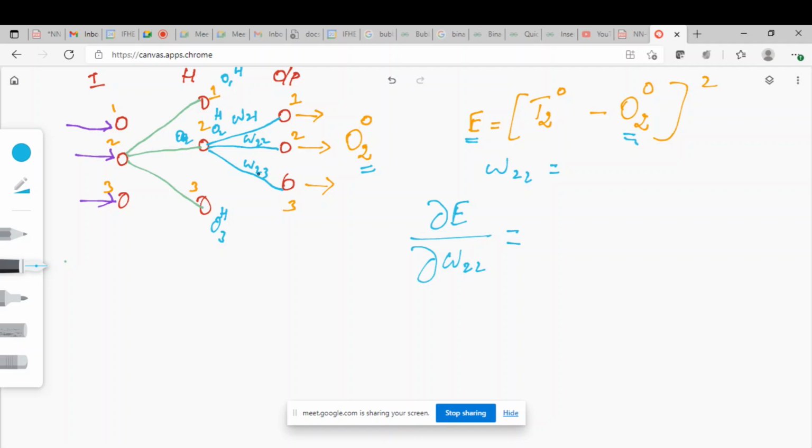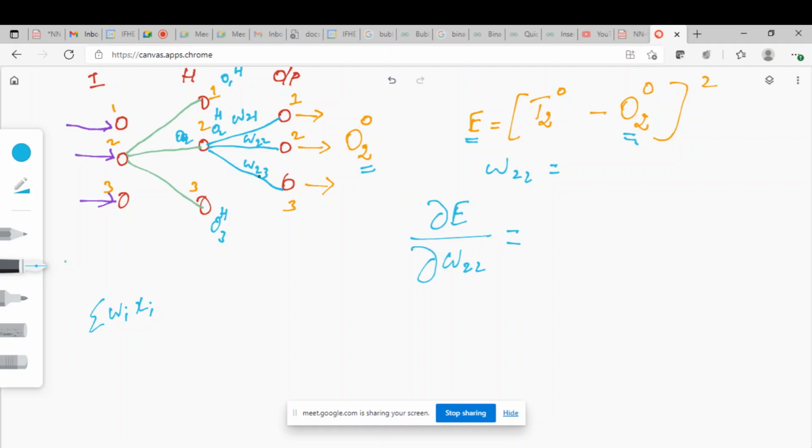It is sigma Wi xi, where x is the input. So this input is O2H into W22, right?